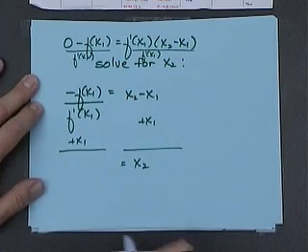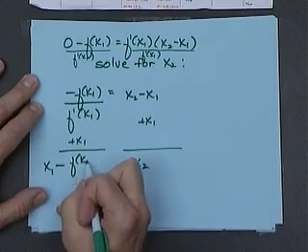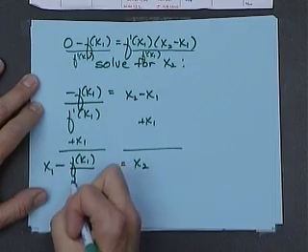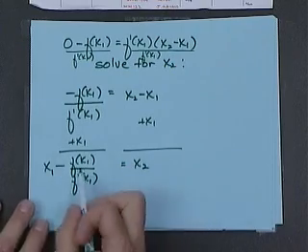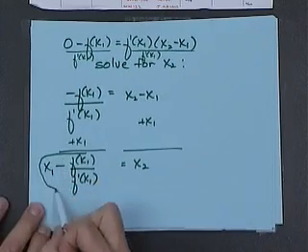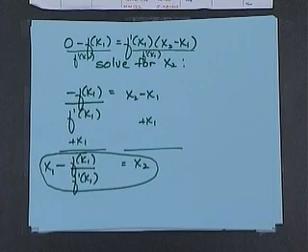So we get x2 over here. Here we get x1 minus f of x1 all over f prime of x1. So what was x1? x1 was our initial guess, right?